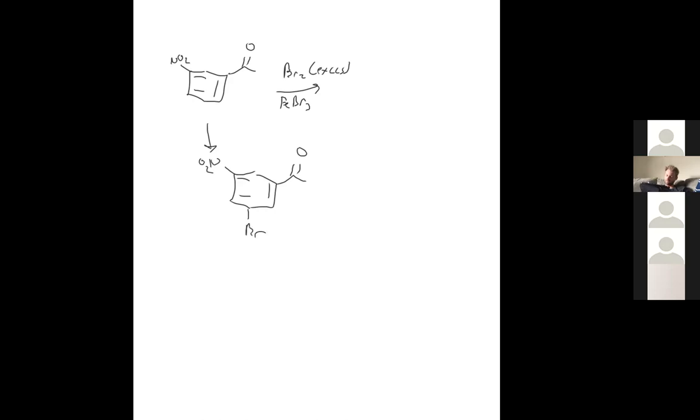Now you've got a group 6, a group 5, and a group 4. So your group 4 is your higher priority. It's an ortho para director. So now you're going to add a bromine here, here, or here.